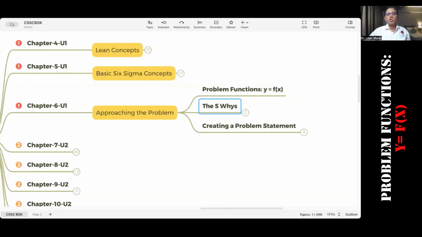So to understand this concept of thinking of problems as functions, let's look at a problem that might occur for a large HVAC service provider, because in air conditioning you do service, right? If you are a manager of a service team, you have discovered that the service calls are taking much longer than expected.